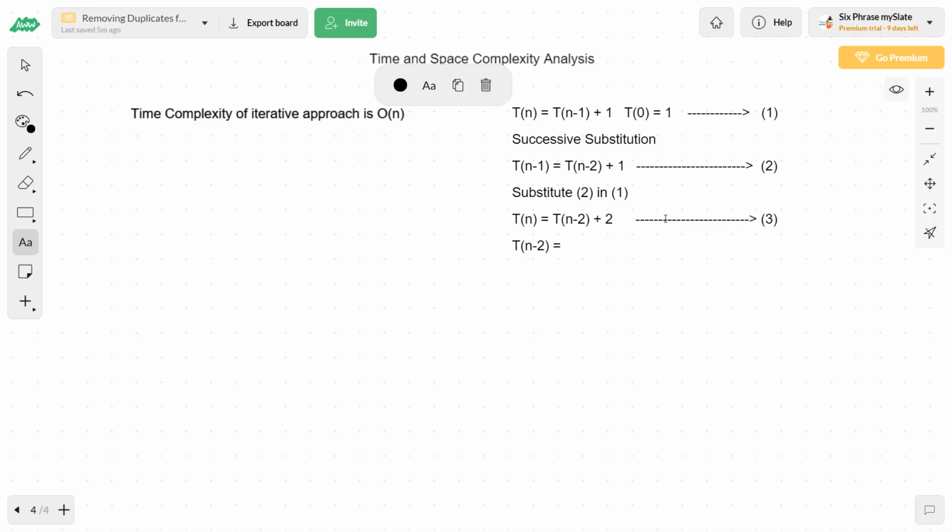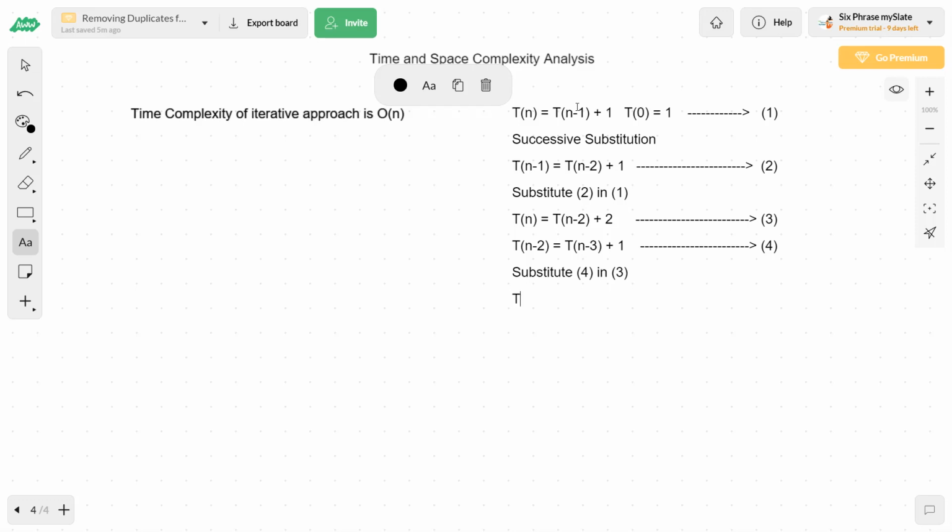Right side also I will do the same: T of n minus 2 minus 1, n minus 2 minus 1 is n minus 3, plus 1. Let us take this as equation number 4. And now let us substitute equation 4 in equation 3.